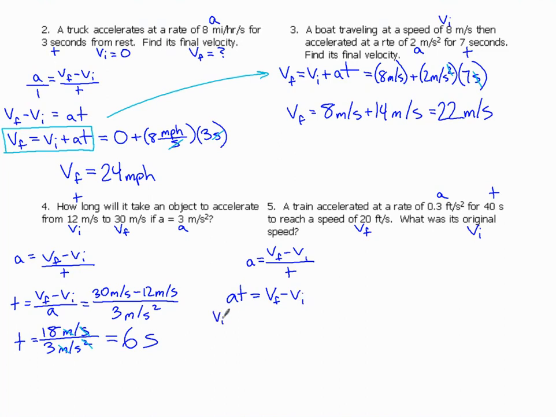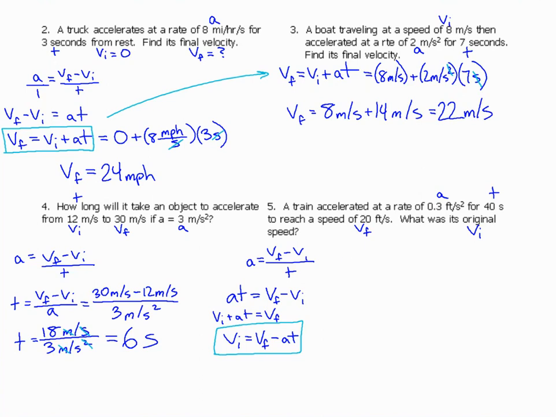So I'm going to have VI plus AT equals final velocity, and then subtracting both sides by AT, for a final formula of initial velocity equals final velocity minus acceleration times the time. Here's the formula that I'm going to be using. Put it in the box.